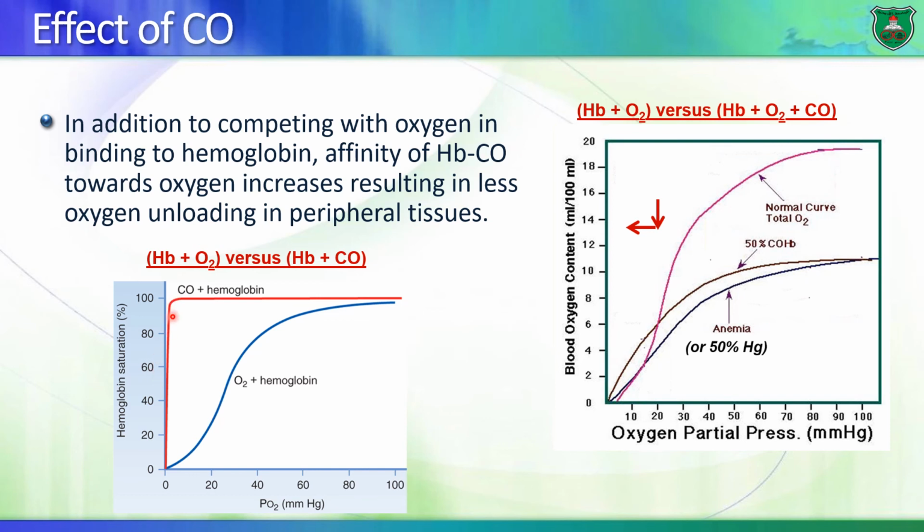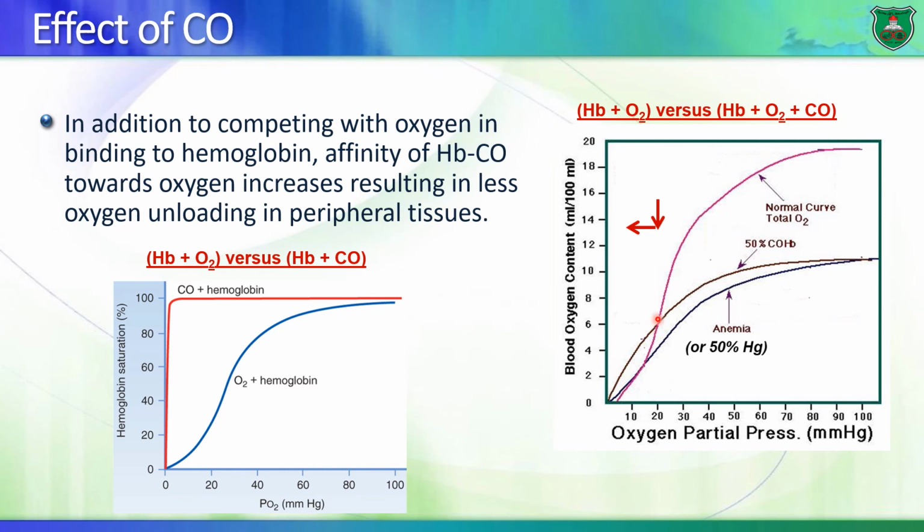You can see that carbon monoxide has much higher affinity. Well, it also increases the affinity of hemoglobin towards oxygen. So whenever you have carbon monoxide bound, the affinity for oxygen is higher.